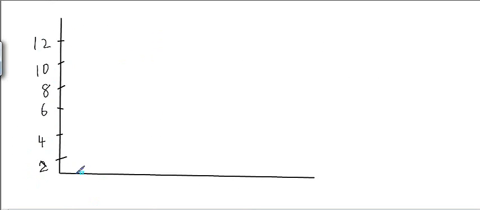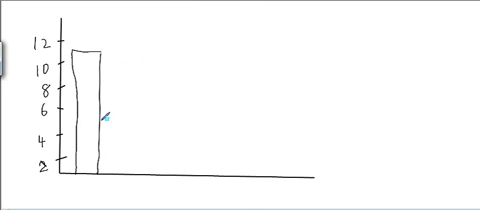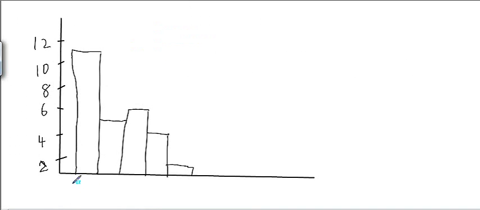Okay. Kind of want to make your bars as straight as you can. 11, 5, 6, 4, 1. And then you can go ahead and fill in these numbers here.